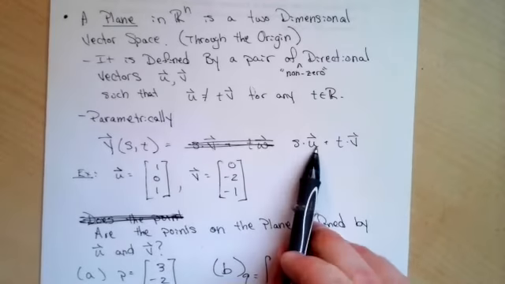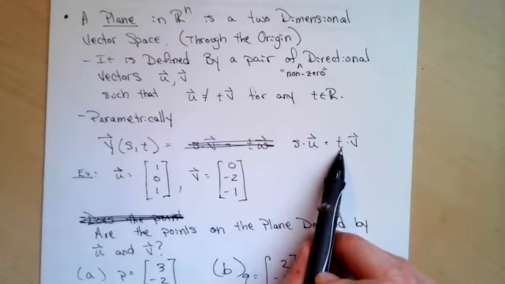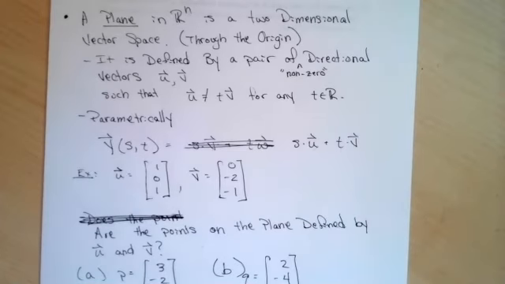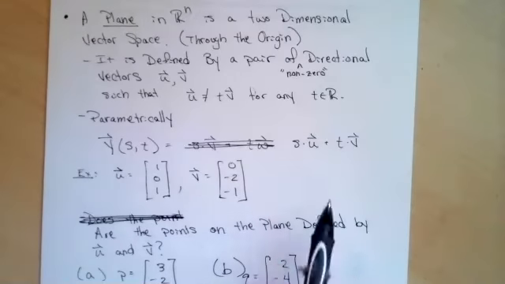And then from that point, line up T copies of V and then walk in that direction. Wherever you end up is a point on the plane. And all such combinations define all of the points, places you can get to that are on this plane by walking along our directional vectors.